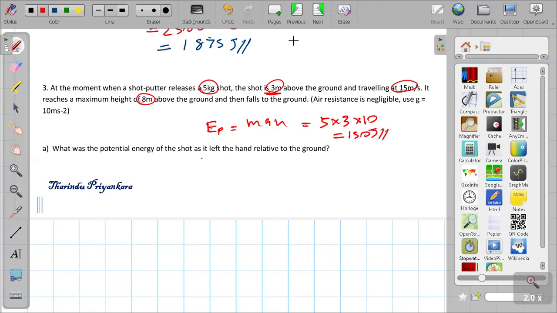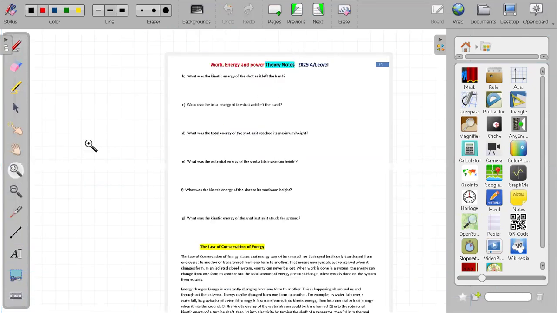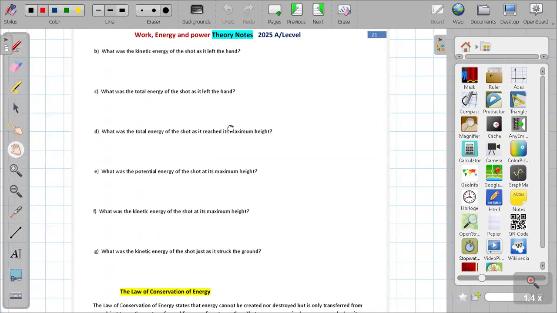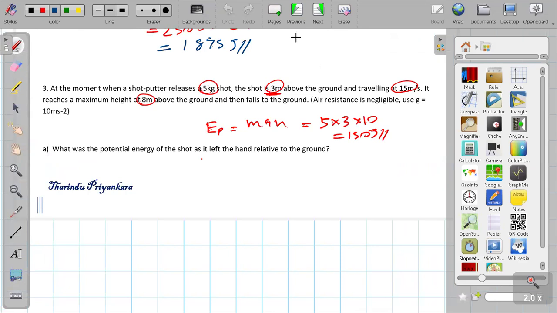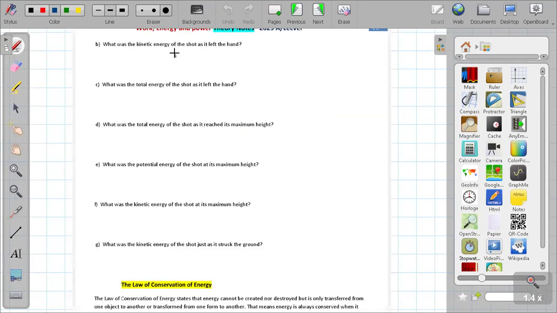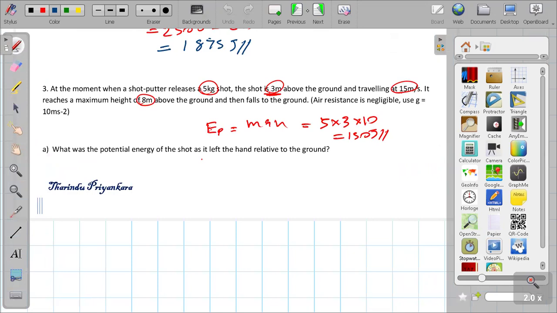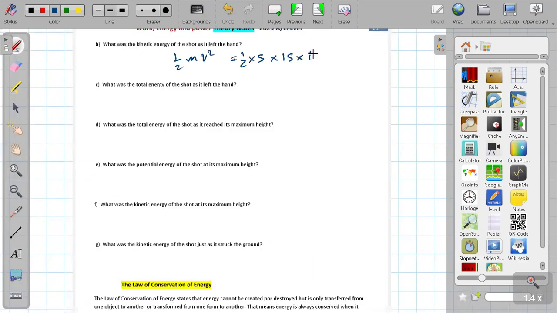(150 joule). Next asking, what was the kinetic energy of the shot when it left the hand? 15 by 15 is 225. 225 by 5 is 1125 or so.